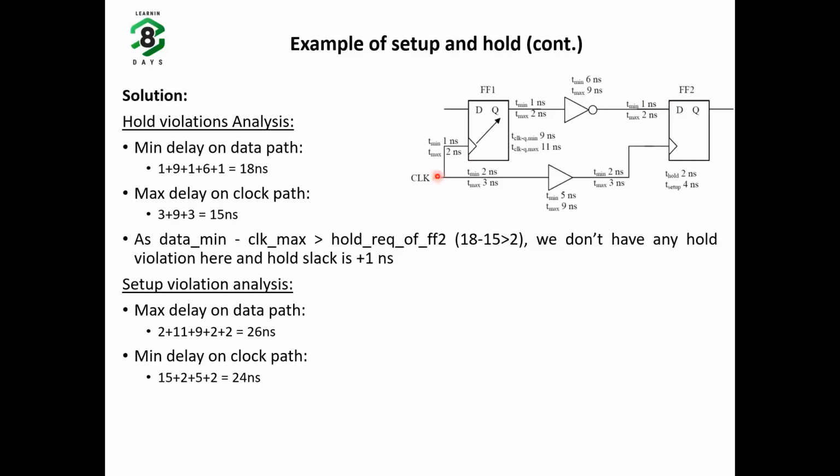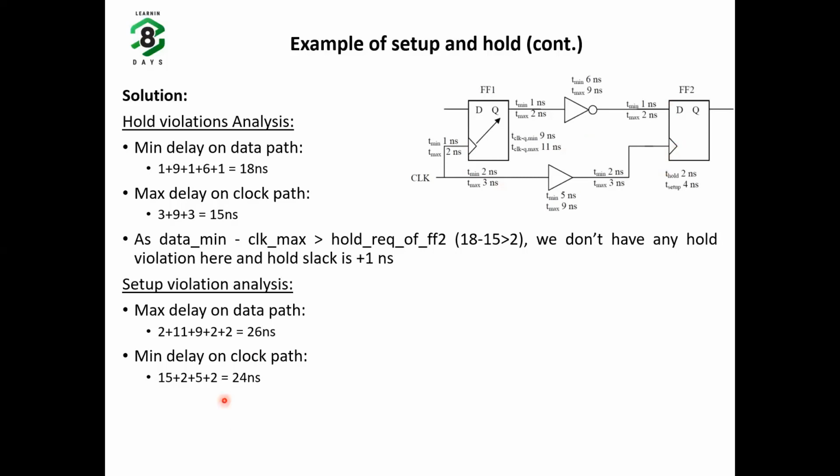And the clock is reaching at, we have to consider the minimum delays, 2 plus 5 plus 2. And as we are talking about setup, we have a margin of a clock period amount, which is mentioned as 15 nanoseconds, right? Which amounts to 24 nanoseconds. So data is reaching at 26 nanoseconds and clock is reaching at 24 nanoseconds.